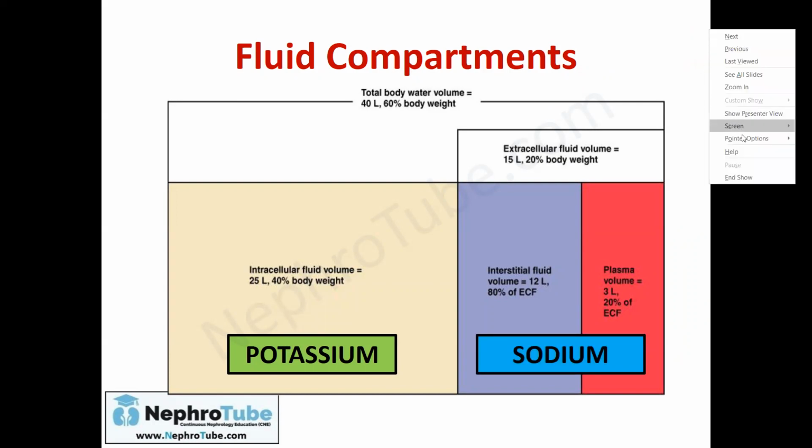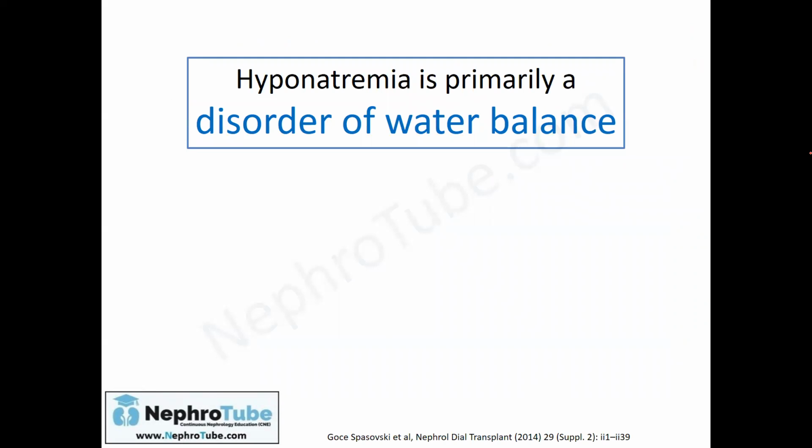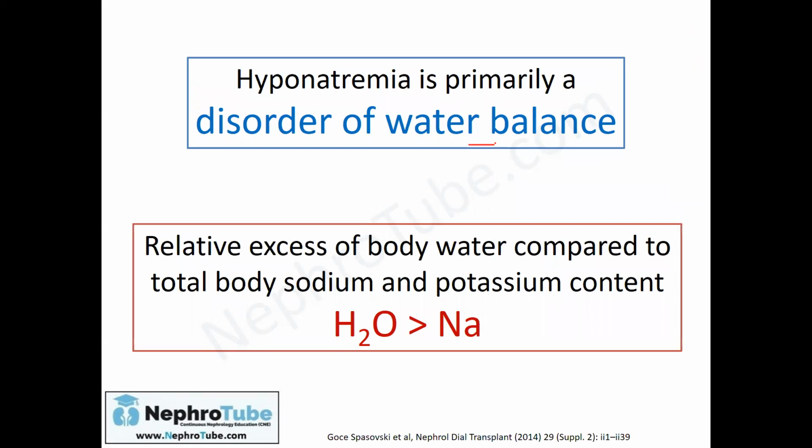So sodium mainly is an extracellular ion. Hyponatremia is a primary disorder of water balance. In hyponatremia, we will always find more water than sodium in the extracellular space.